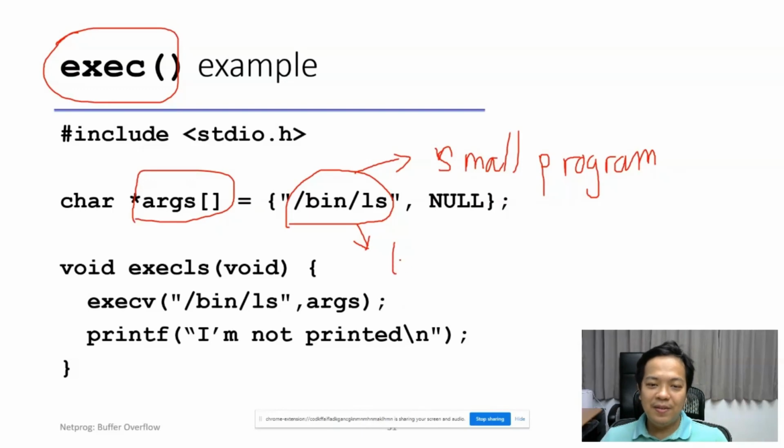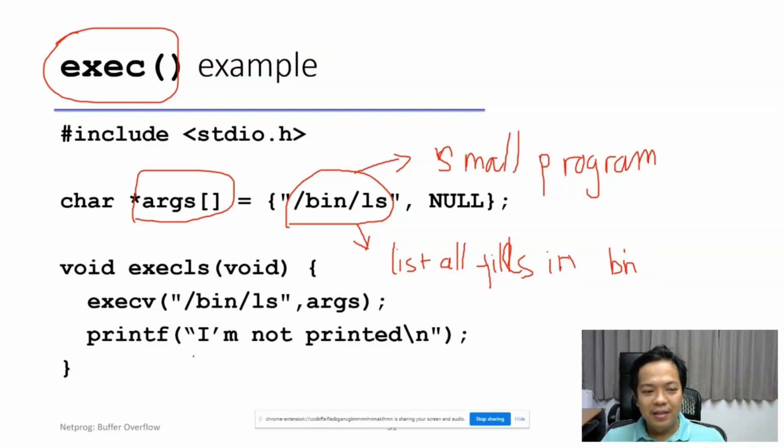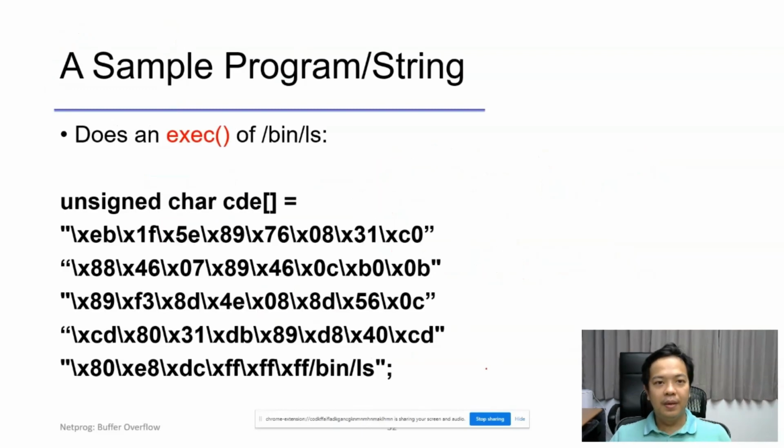It only lists all the files in the bin folder. This one does not print the argument from here; eventually, whatever you put in is going to be run by this program.